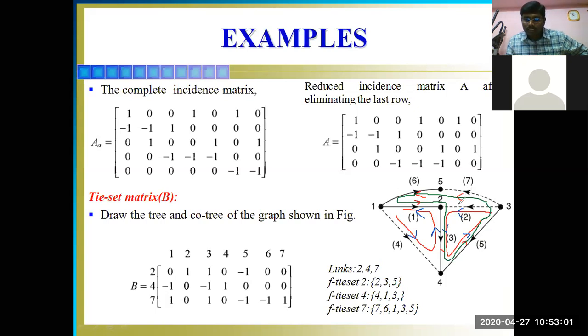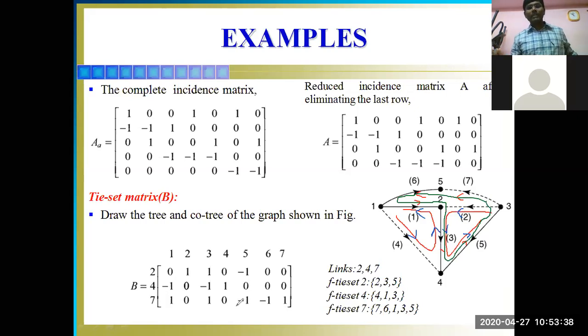For 7, it is the same; for 6, it is opposite. So for 7 it is +1, and for 6 it is -1. Coming to 1 and 3, these are the same, so for 1 and 3 also +1. Whereas for 5, this green loop and 5 are opposite, so for 5 it is -1.